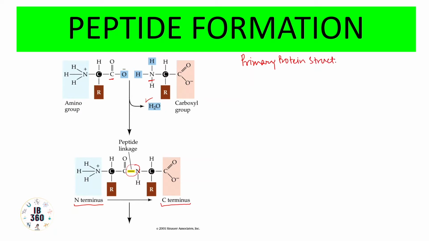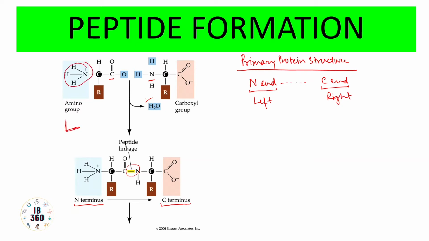we usually have an N end and we have a C end. That means this is the terminal amino acid on the left side and this is the terminal amino acid on the right side. This is the convention, and that is usually because the left side amino acid starts with the amino group and the right side amino acid, the right terminal amino acid, ends with the carboxyl group.